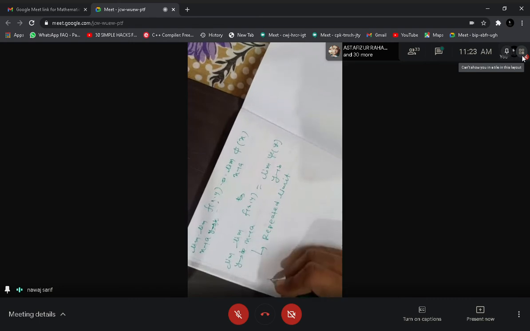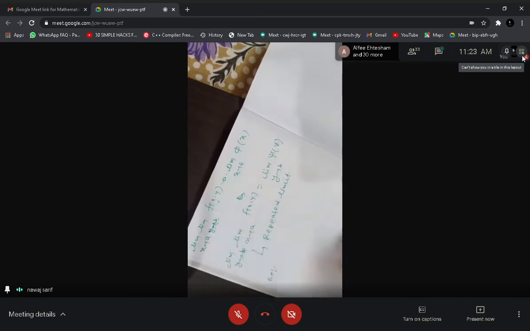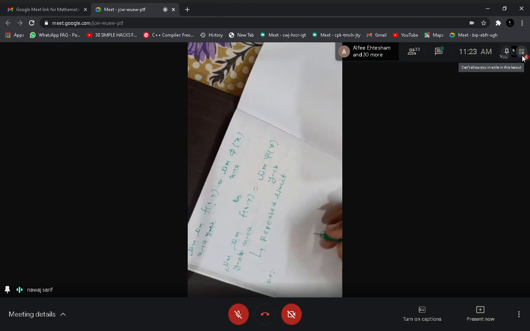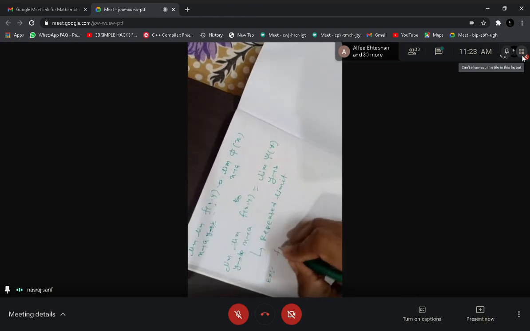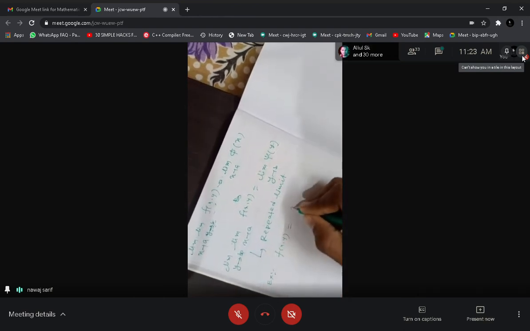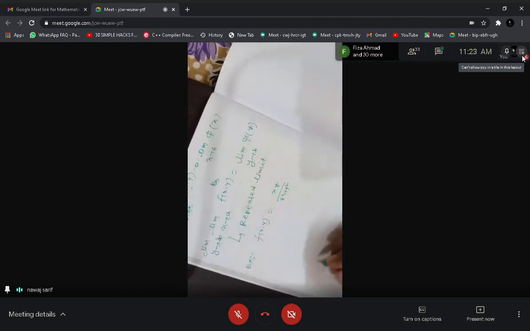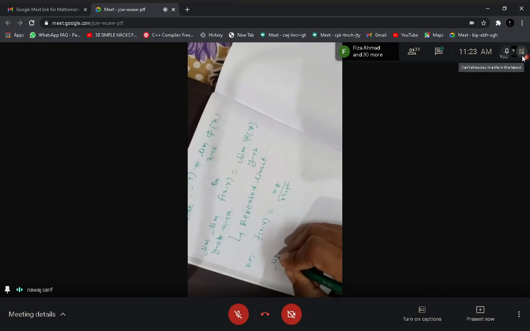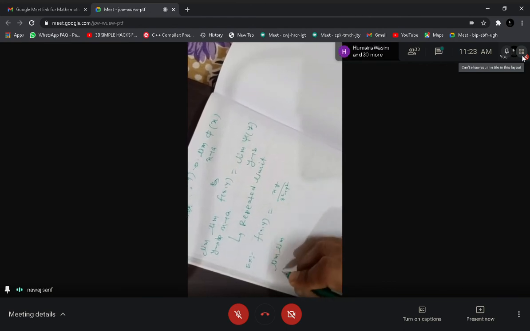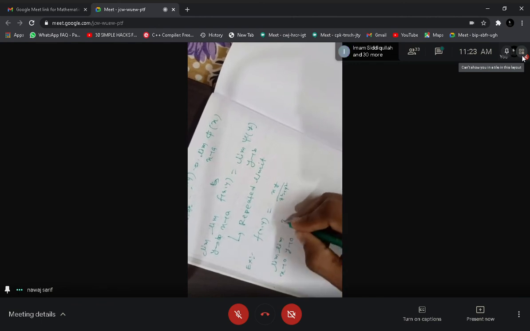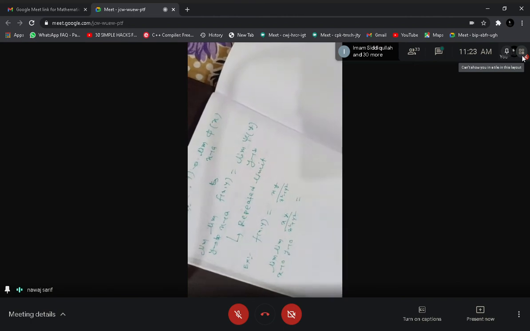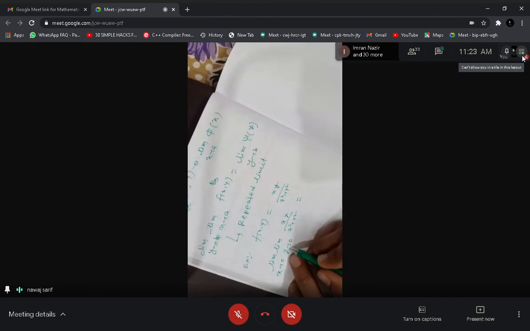For example, which I have done in the previous case, f of xy equal to xy upon x square plus y square. So what is the repeated limit? The limit of x tending to 0, y tending to 0 of xy upon x square plus y square. First apply the limit as y tending to 0.